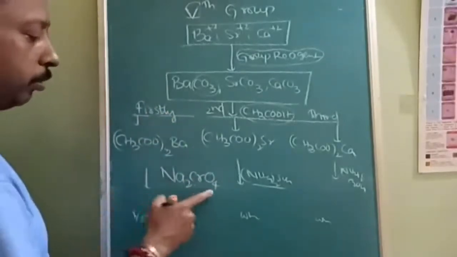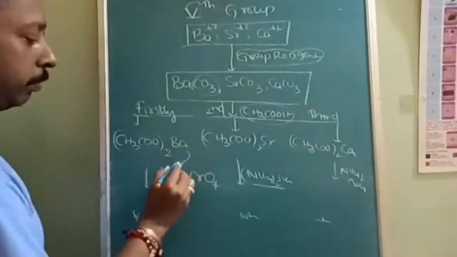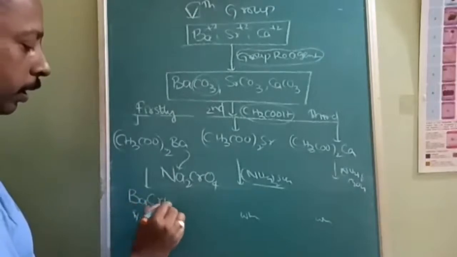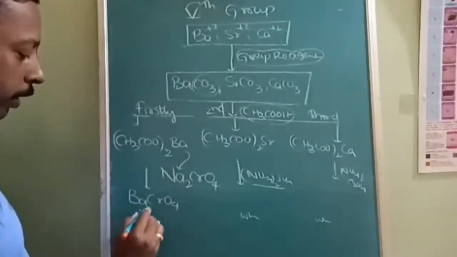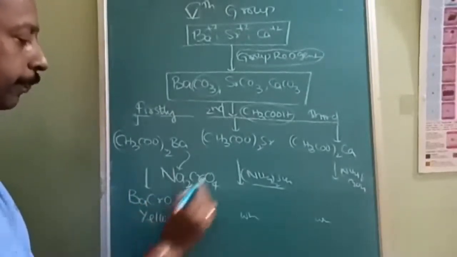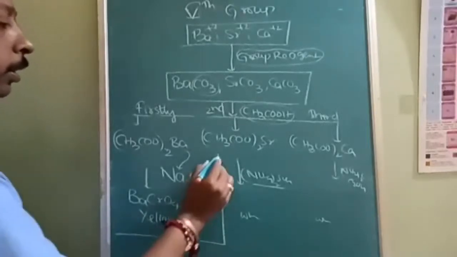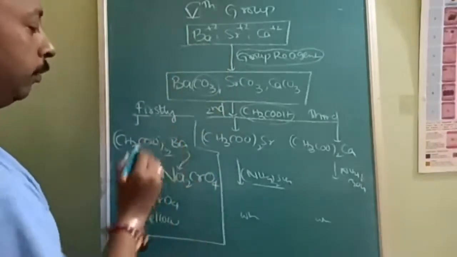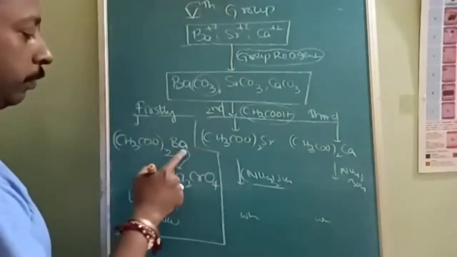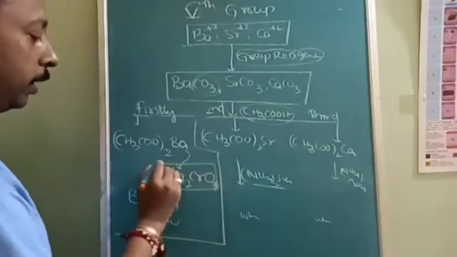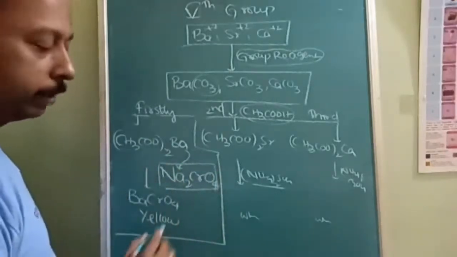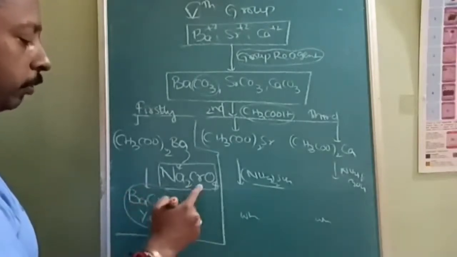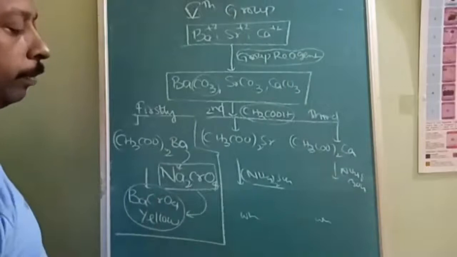This has been used many times: simple double displacement. Barium appears as BaCrO4, which is yellow in color. If the given salt contains barium, the immediate product will be barium acetate, which upon treatment with sodium chromate gives yellow colored barium chromate.